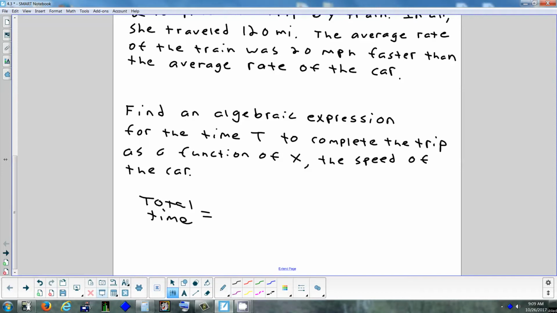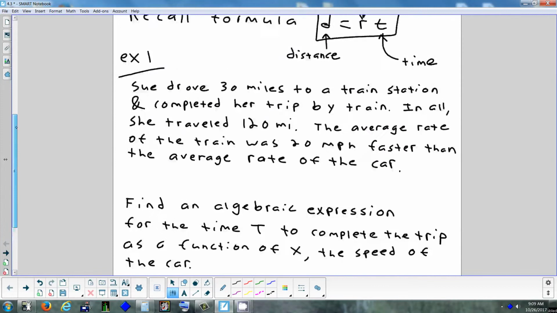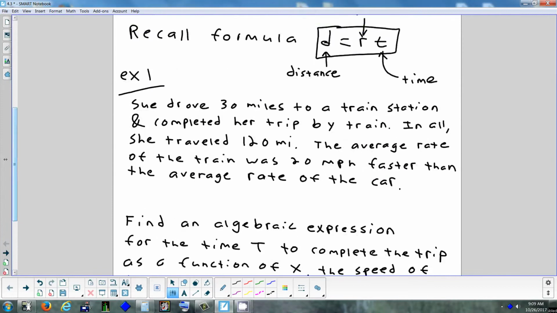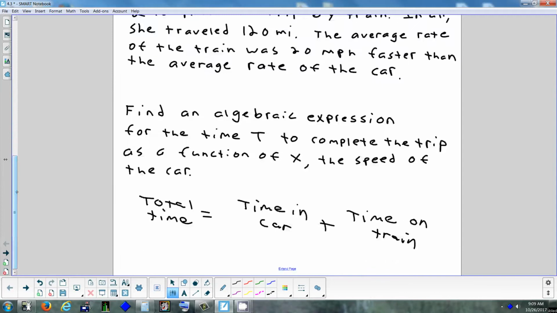And what would we do with the two times? We're going to add them. So the total time for the trip is going to be time in car plus time on train. Now we have to figure out how to represent time in car and time on train using the formula we have and the information we were given.